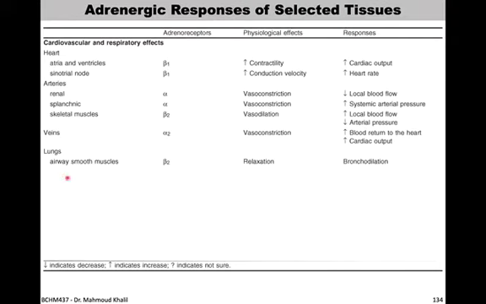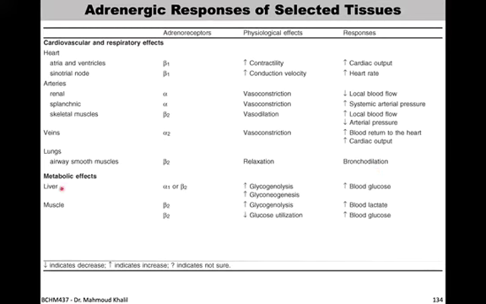In the lungs, of course, there are smooth muscles that have a beta-2 receptor and lead to relaxation for the bronchodilation. So the bronchodilation will enable more space for the air coming in.